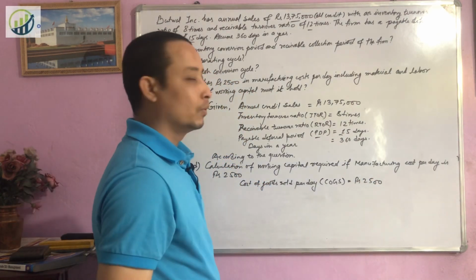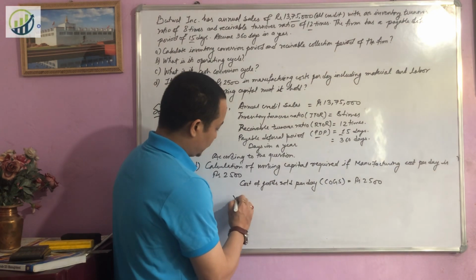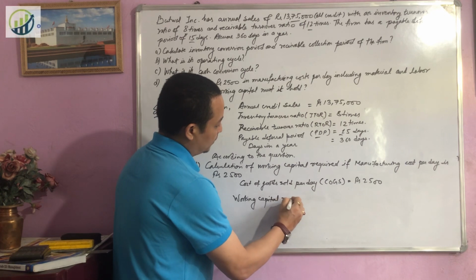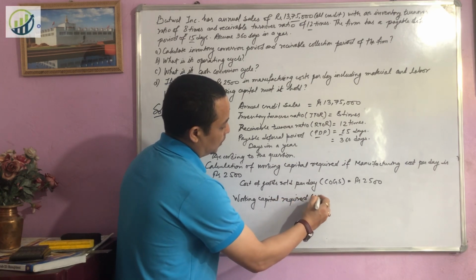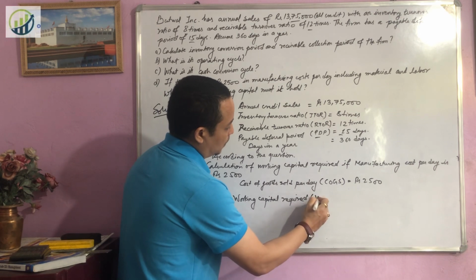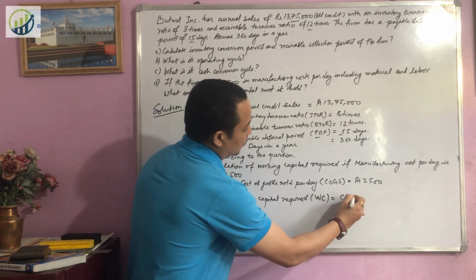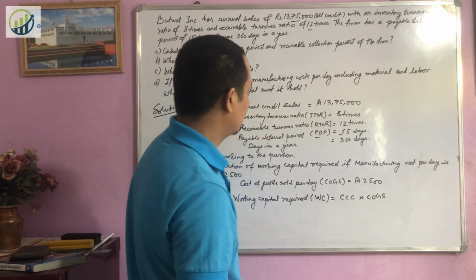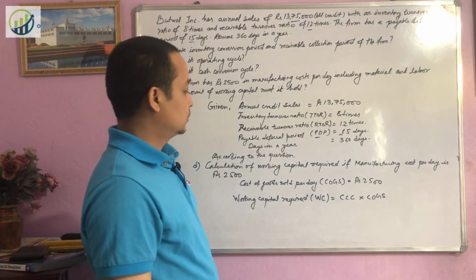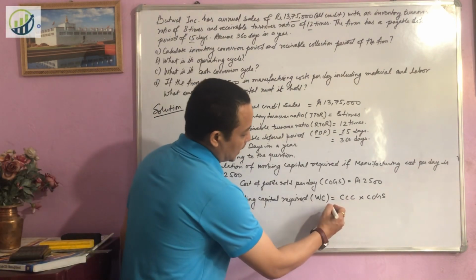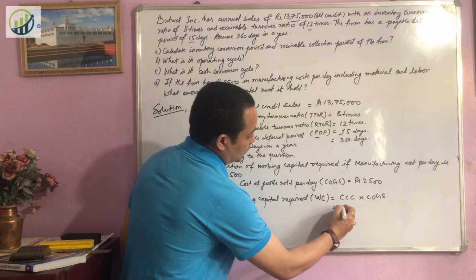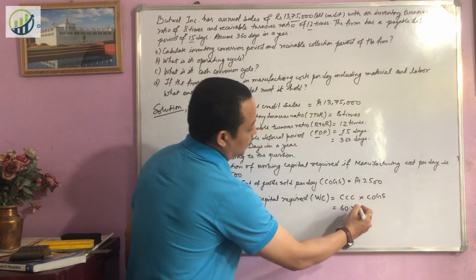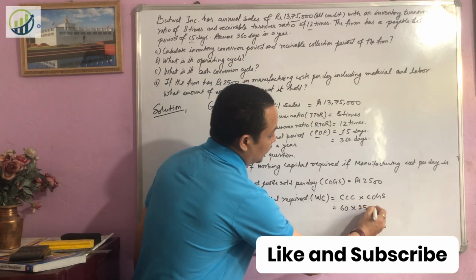Now you have to find the working capital required. Working capital required, WC, equal to cash conversion cycle into cost of goods sold per day. Okay, so now cash conversion cycle is your 60 days into cost of goods sold per day, given in the question, 2,500.